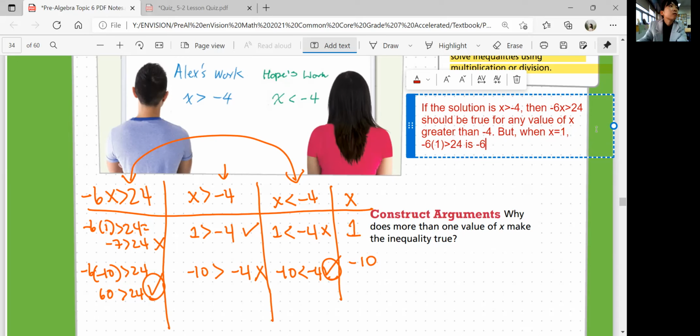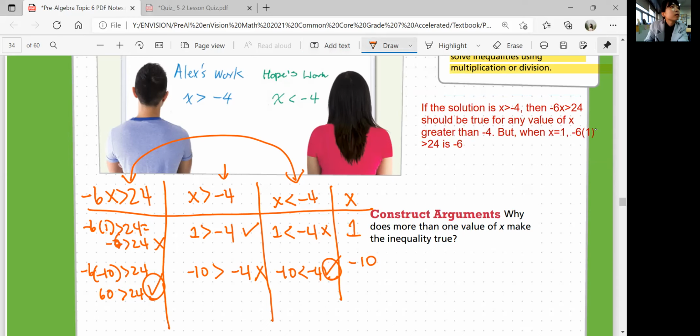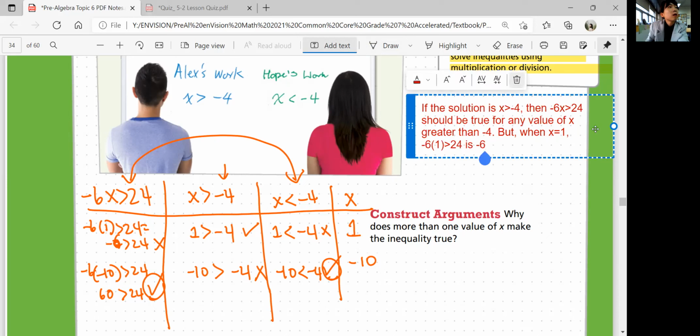I don't know why I wrote -7 here. Weird, sorry. Okay, -6 is greater than 24, which is not true. So the solution is not correct.